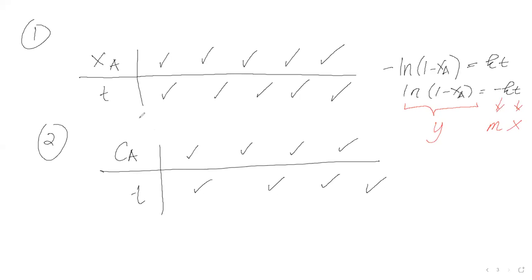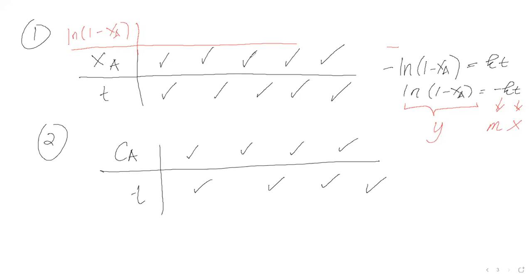If your provided data by the problem is conversion versus time, you will plot a new set of values. Meaning you will not plot for the y the raw value of XA, but rather you will plot ln of 1 minus XA against the time that is provided here. So there's a need for you to have another row here, and that would be the ln of 1 minus XA.